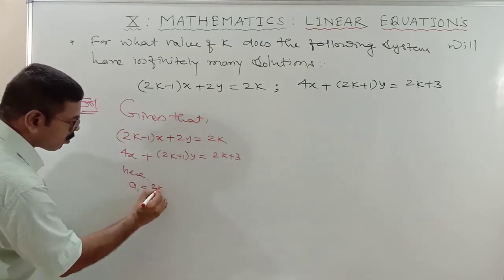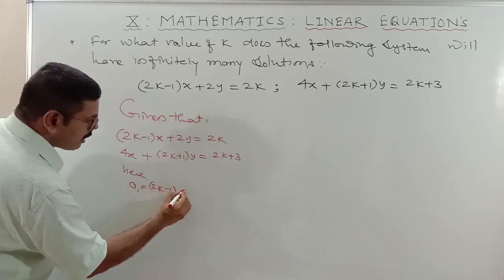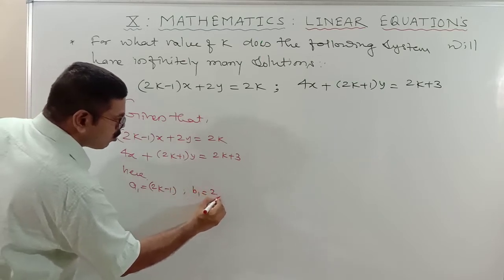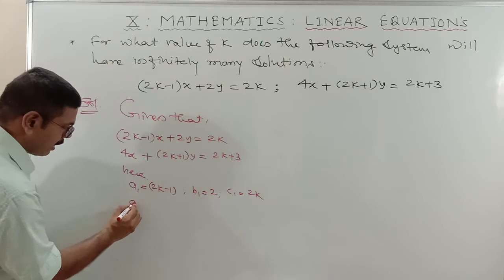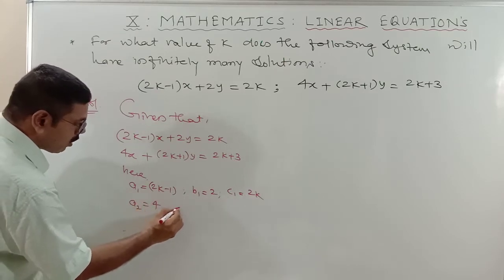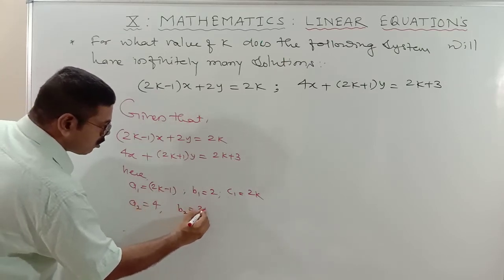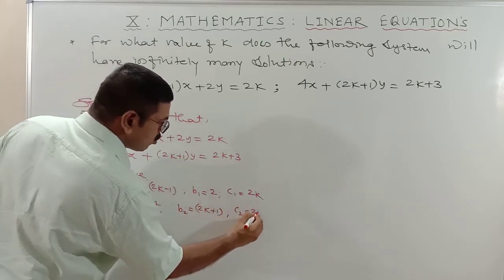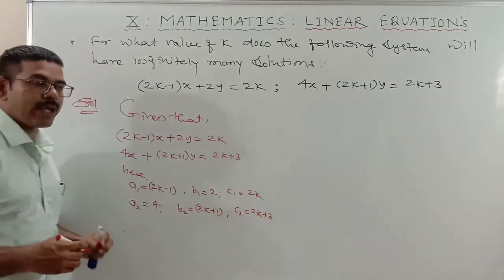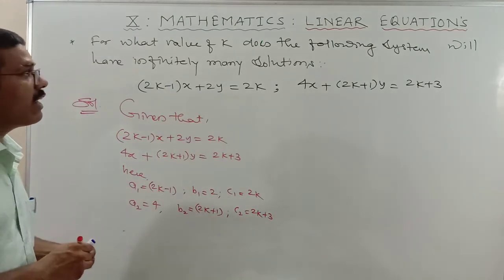A1 is equal to 2k minus 1, B1 is equal to 2 and C1 is equal to 2k. Similarly, A2 is equal to 4, B2 is equal to 2k plus 1 and C2 is equal to 2k plus 3. Now, what is the condition for the system to have infinitely many solutions?